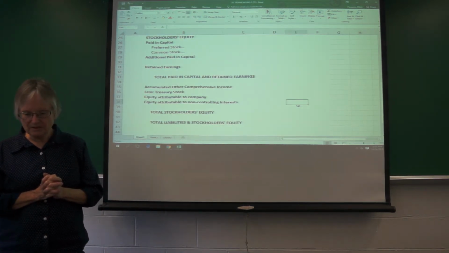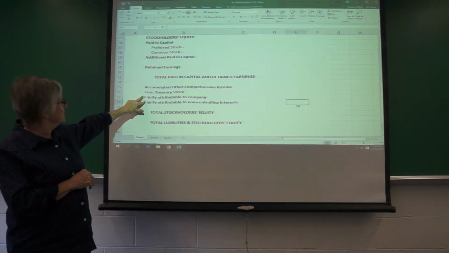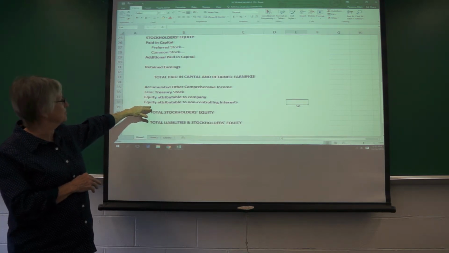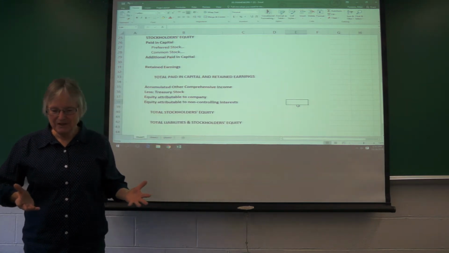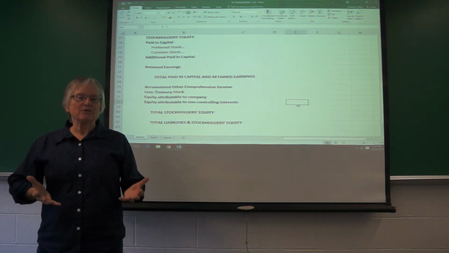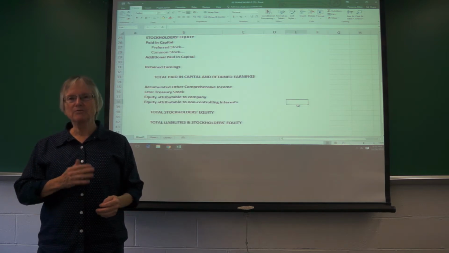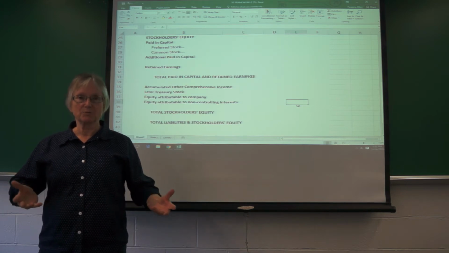And let's see. Oh, and then you've got to specify how much is attributable to our company and how much equity is attributable to the non-controlling interests. What's that all about? Well, we file consolidated financial statements, and in order to consolidate, the company has to control 51% or more of the subsidiary.